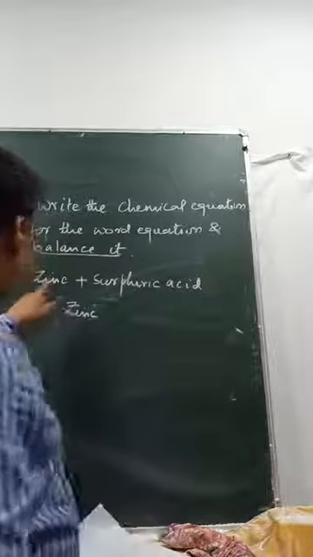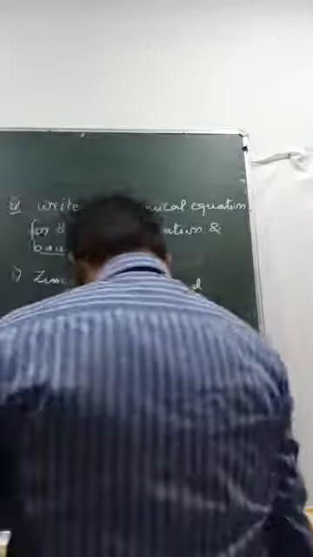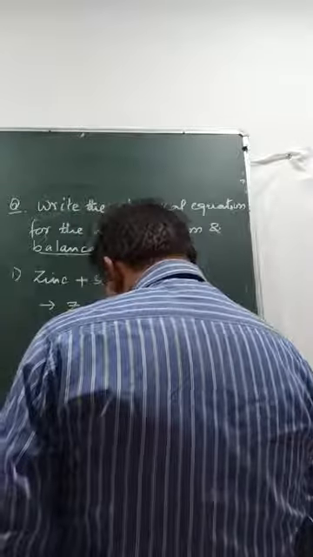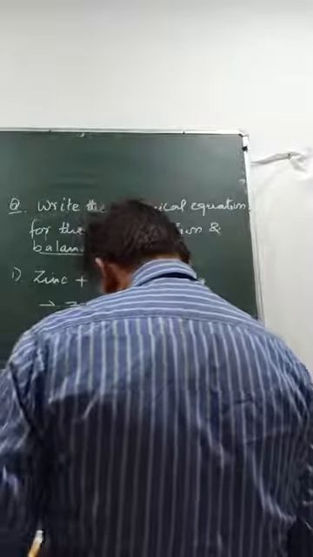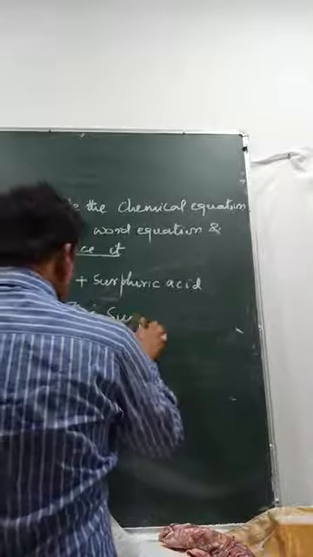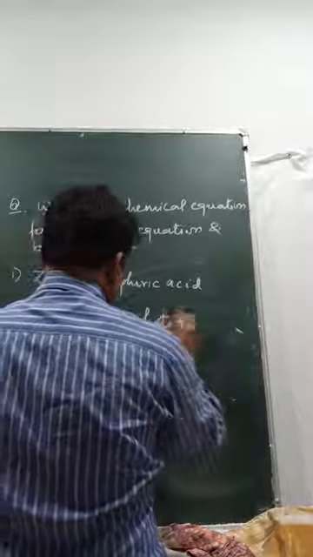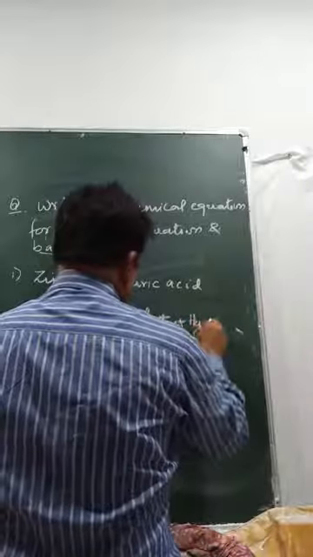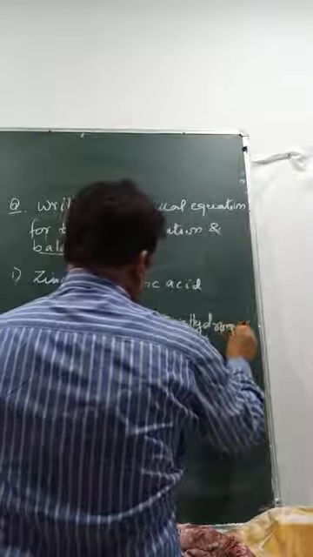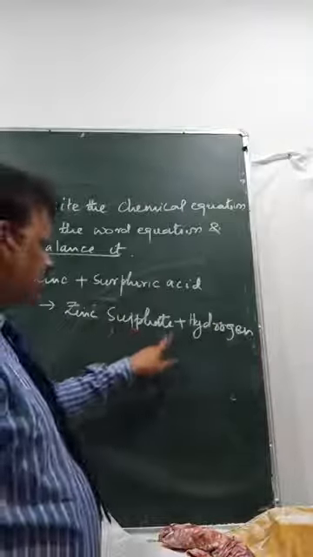Suppose you are given zinc plus sulfuric acid gives you zinc sulfate plus hydrogen. How to write the chemical formulas, we will be discussing later on.